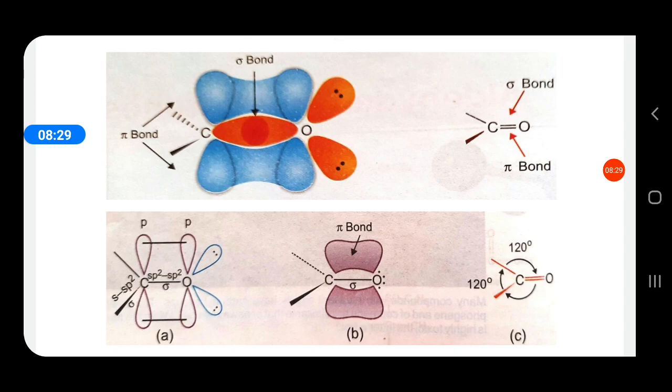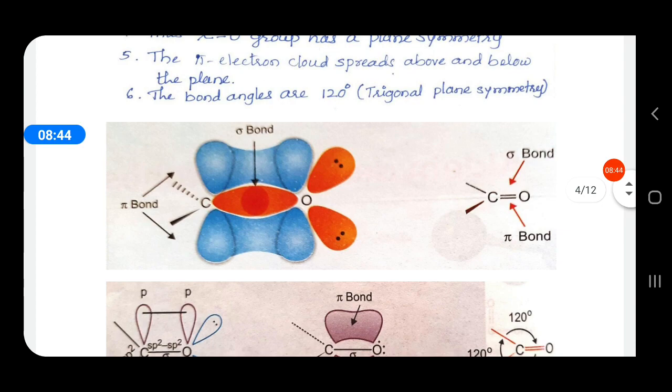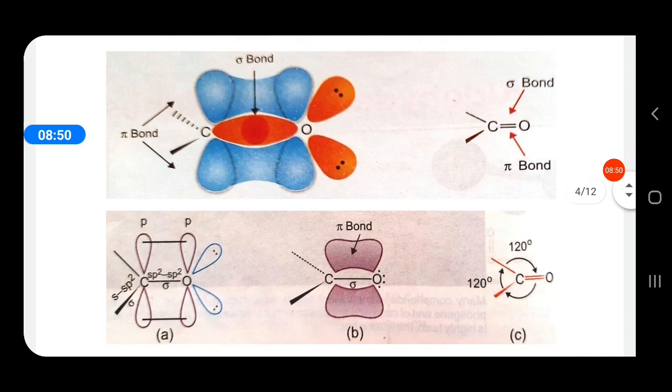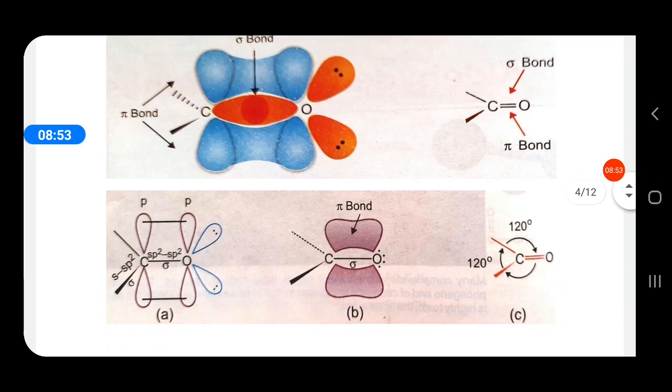So the carbon-oxygen double bond is formed by one sigma bond and one pi bond, and due to the sp2 hybridized nature, its shape is trigonal planar, so the bond angles are 120 degrees. Here the carbon-oxygen bond length is also less compared to the carbon-carbon bond.